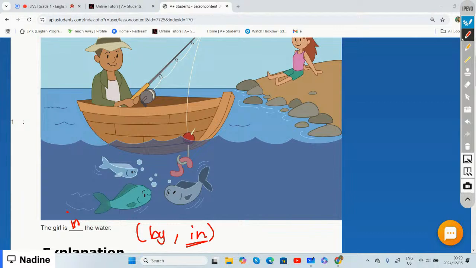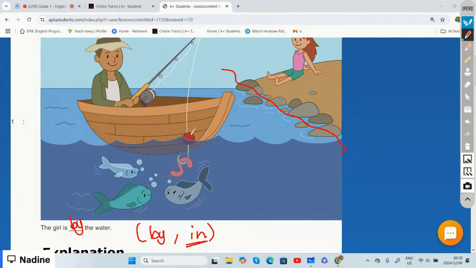So by, oh yeah, no, sorry, it's not in. It is by. And the reason why we say it is by and not in is because here we have the water, and she's sitting on either the shore or something.